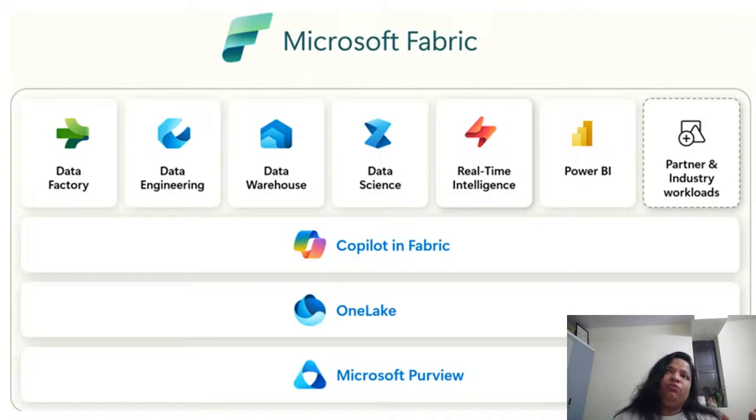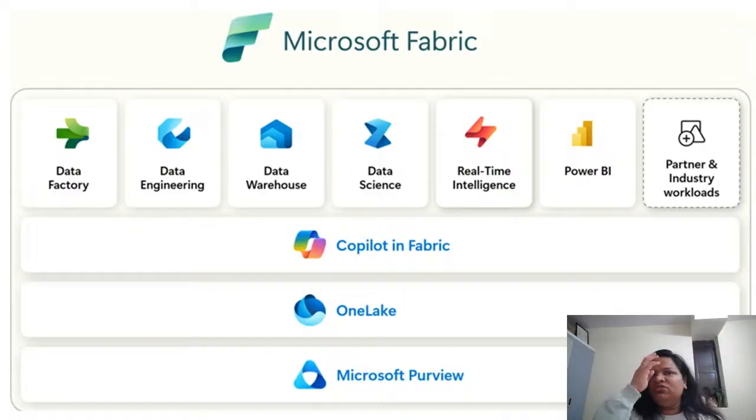So if your organization is using the Microsoft platform and the data is there, definitely Microsoft Purview is there, which takes care of the governance and compliance of the data. And this seamless integration lets creators focus on producing their best work without managing the underlying structure. So this is a quick overview of Microsoft Fabric.